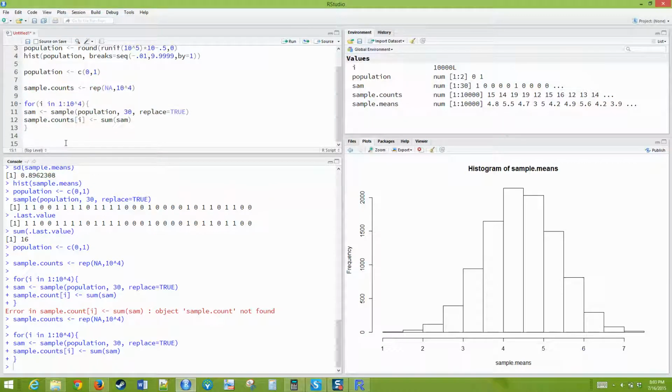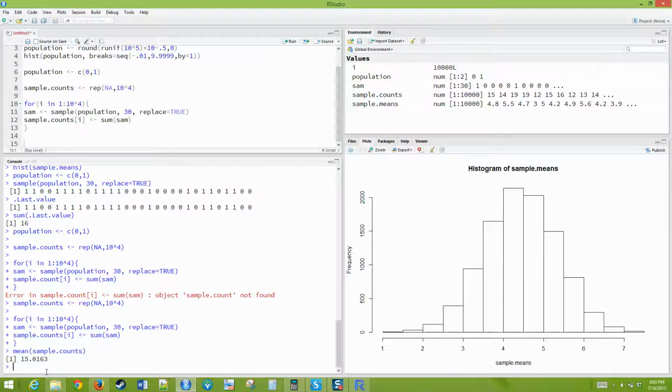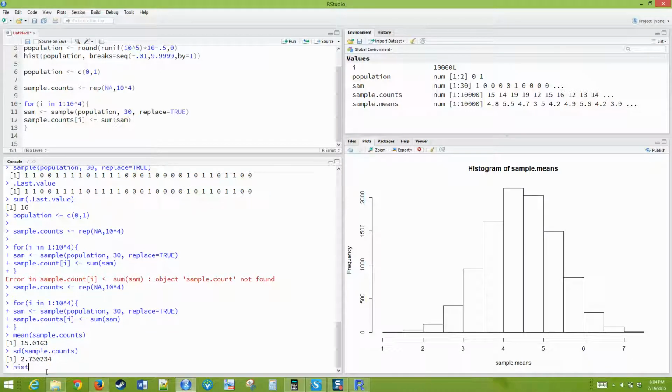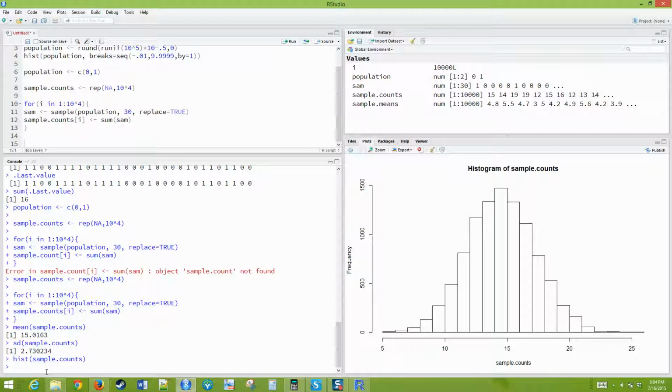So we can ask, what is the mean and the standard deviation of sample counts? The mean is very close to 15. The standard deviation of sample.counts is also very close. And let's take a look at the histogram of sample.counts. What do we see?